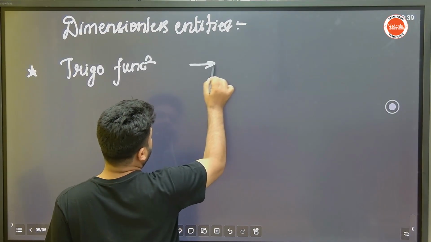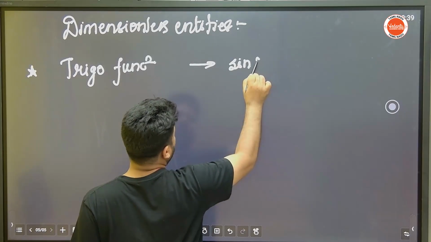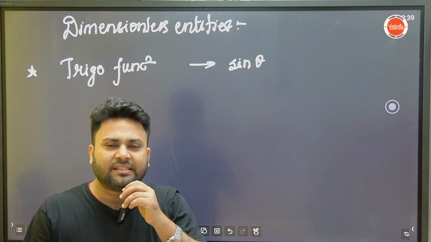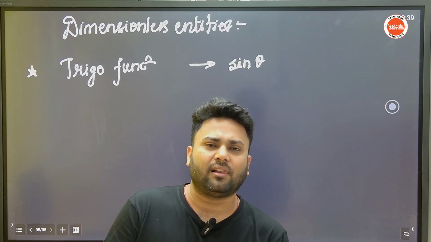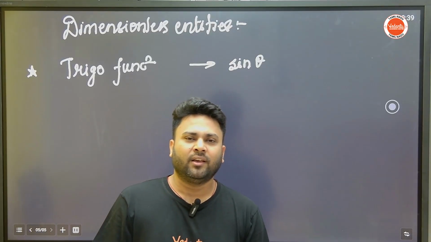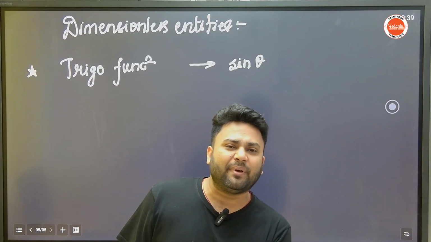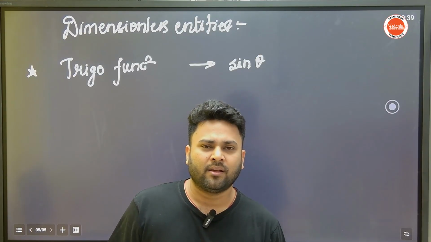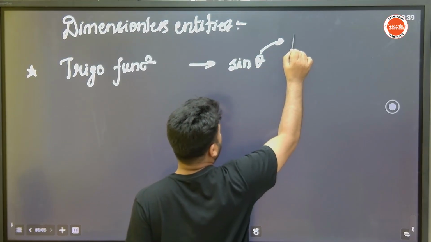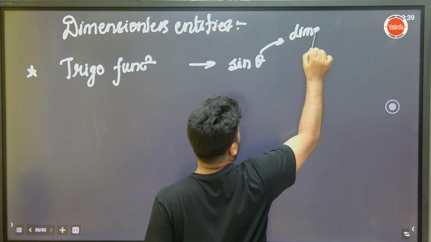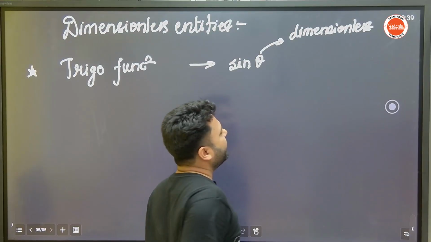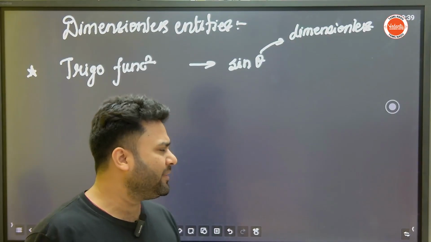How? See, if I say sine of any angle theta. Now we know that this theta is angle. Suppose the angle is 60 degree. Correct? So this angle is dimensionless. Correct? How is theta dimensionless?